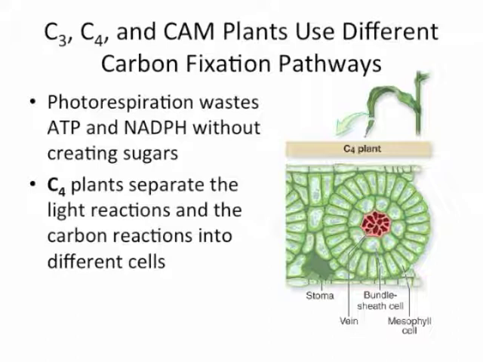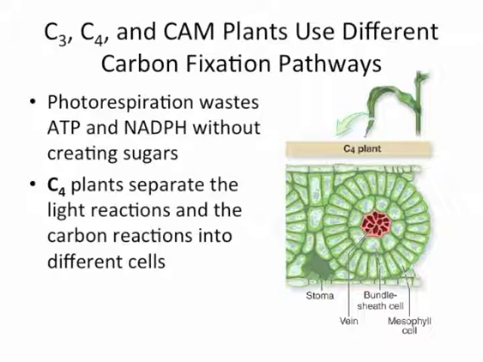So C4 plants have this different arrangement of cells inside of their leaves. They have two distinct types of cells, one called mesophyll cells here, and then kind of on the inside near the veins, which will eventually transport the sugars, are bundle sheath cells.